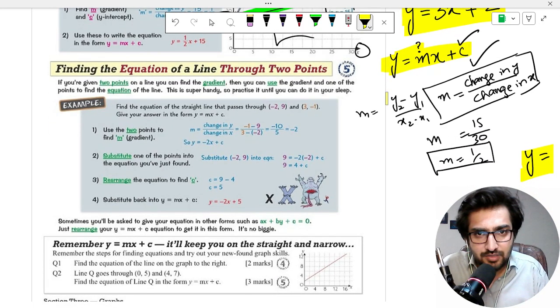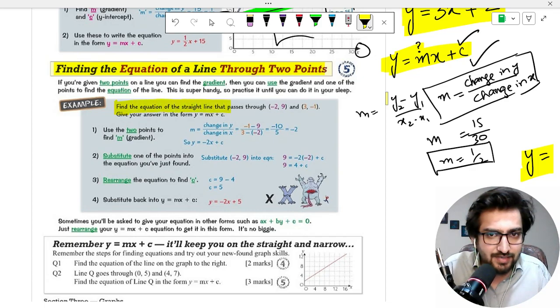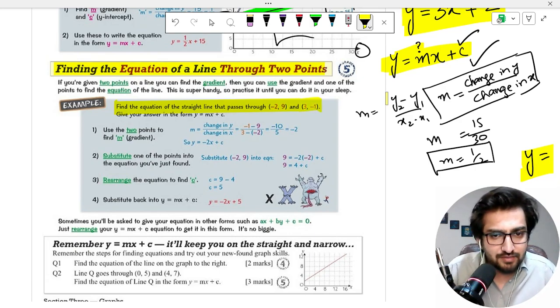Let's do the next example. It says finding the equation of a line through 2 points. I have explained a similar example like that previously. It says find the equation of the straight line that passes through (-2, 9) and (3, 1). So those are the 2 points given.